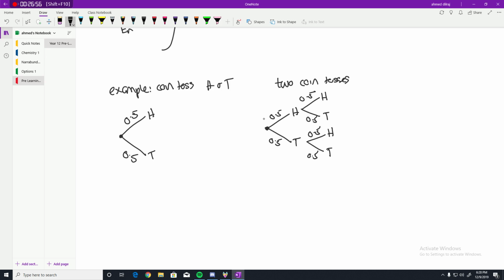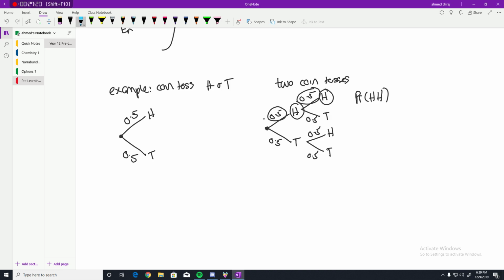Now, the reason that we write the probabilities on the branches is because of this question right here. What is the probability? Probability is denoted by PR of a heads and a heads. So what is the probability of two heads? So obviously, we start off with 0.5 and then another 0.5, right? So first we need a heads and then we need another heads. So I should probably start changing color.